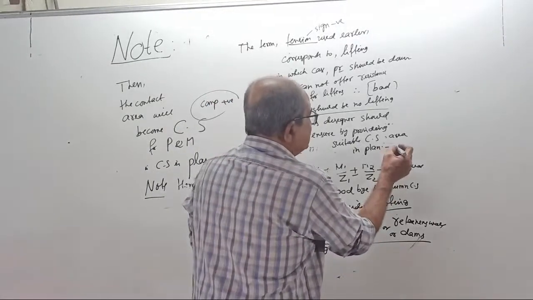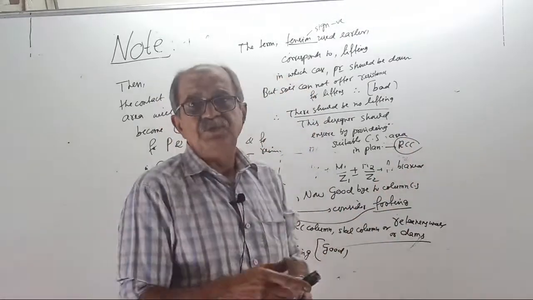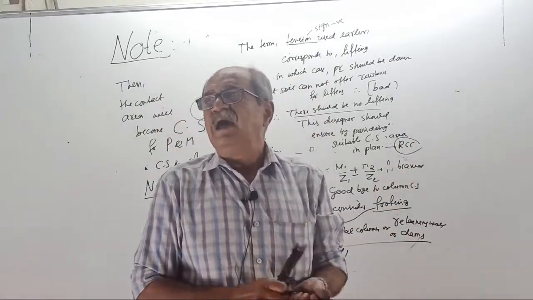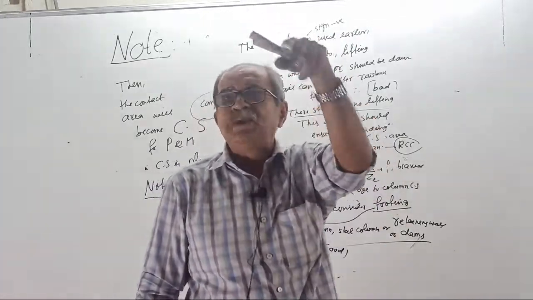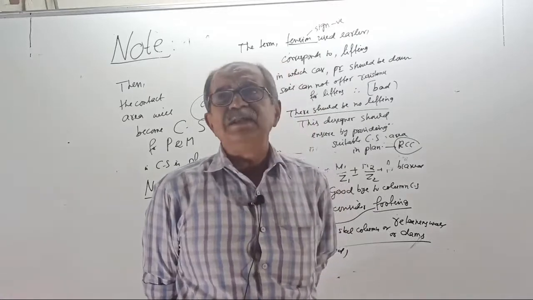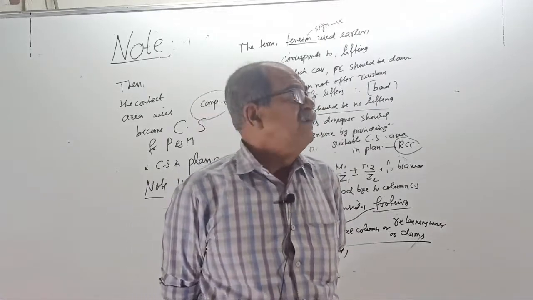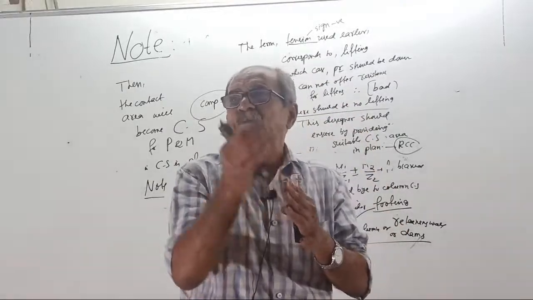Now you go to RCC. Actually, in my earlier RCC class on YouTube, I explained how to decide S1, S2 so that lifting is prevented. And one more thing: on one side the pressure will come upward, pressing the soil.